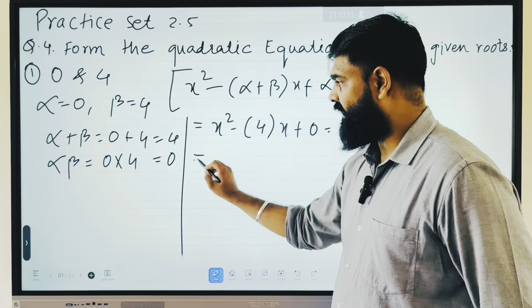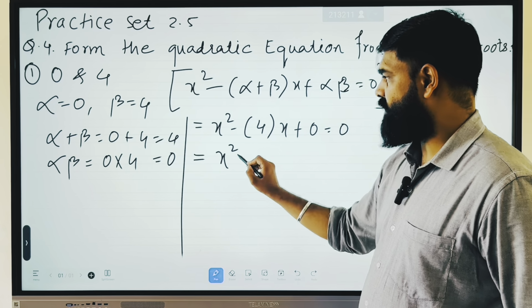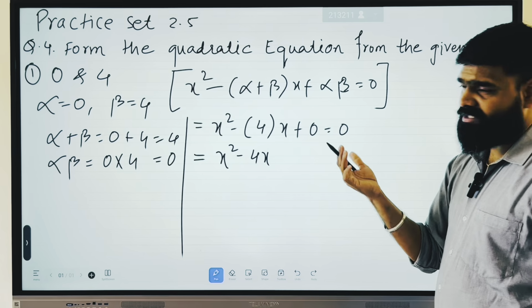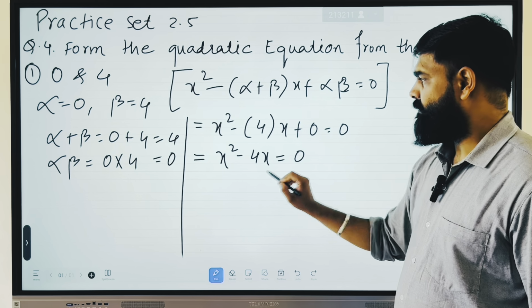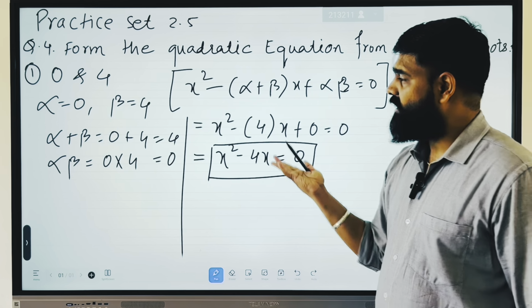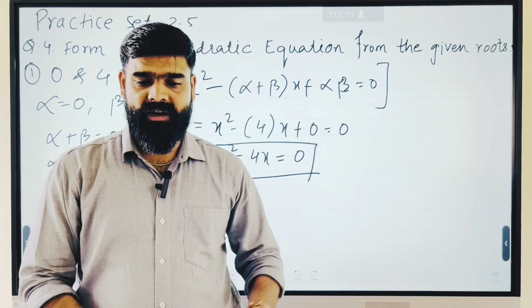We have to simplify this equation. We will get the quadratic equation x squared minus 4x. Plus 0 is there, so no need to write that 0. So we can write x squared minus 4x is equal to 0. This is the required quadratic equation. So this was question number 1.